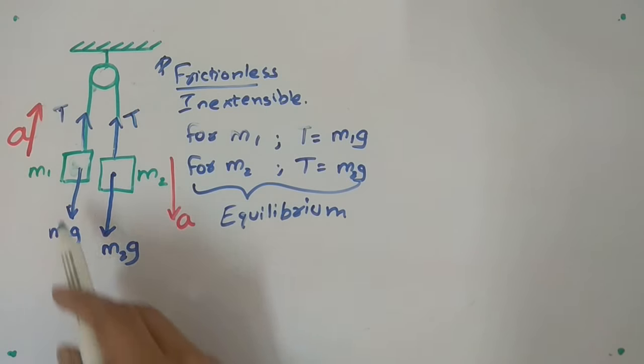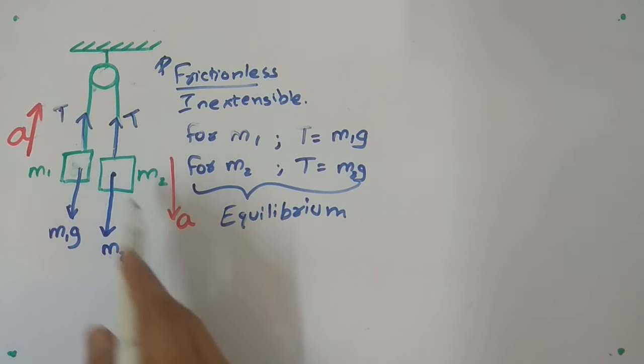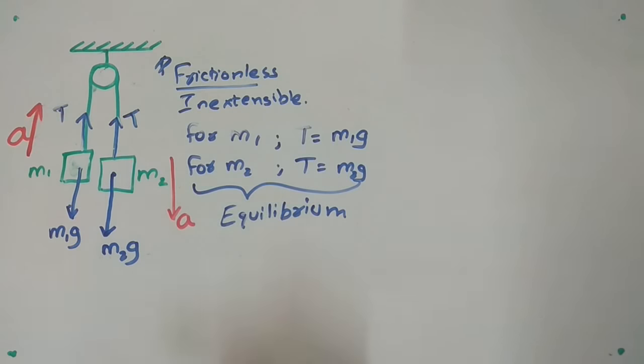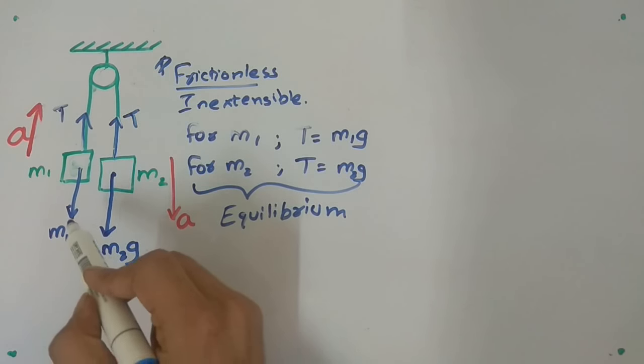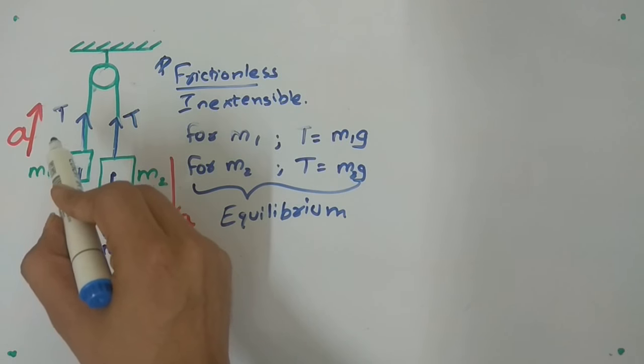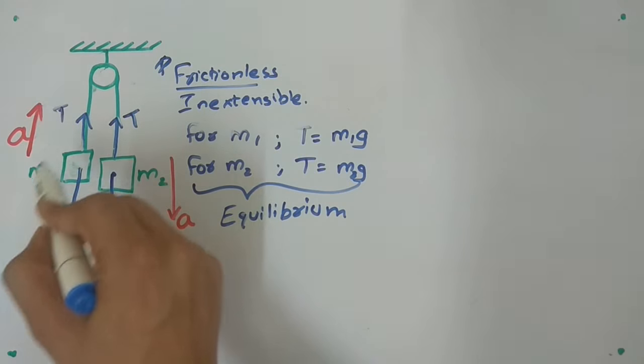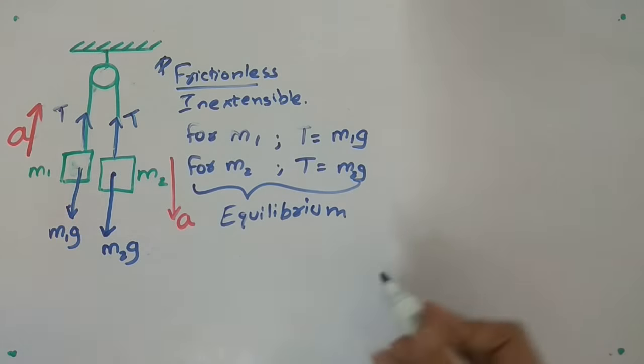Now as we have assumed that the object of mass m1 is moving upward and the object of mass m2 is moving downward, consider this first object. So now there are total three forces, this m1g, the T, and if it is accelerating, then m1 into a.